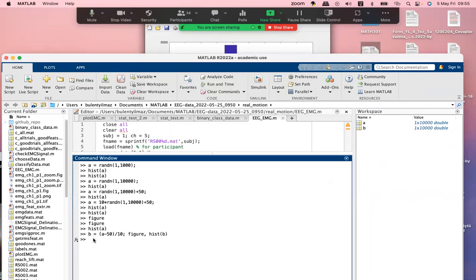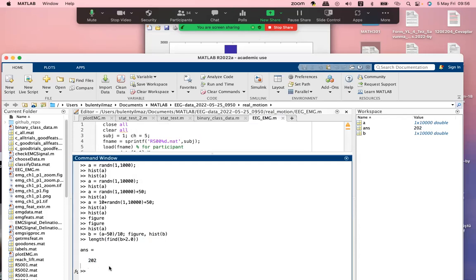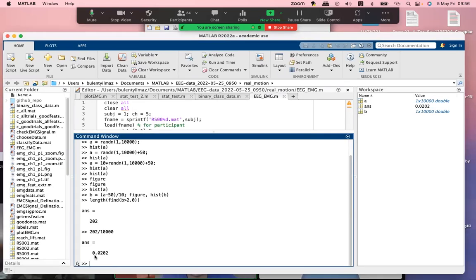So find B greater than 2.0 and divide by, and I should also find out the length of this vector, and it found that it is like 202. 202 of these 10,000 values are greater than 2. Okay, so if I divide this by 10,000, this is the probability of obtaining a number greater than 2.